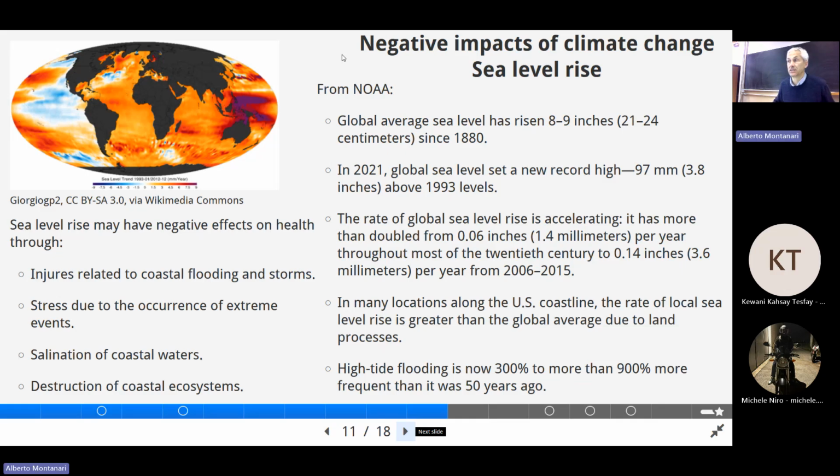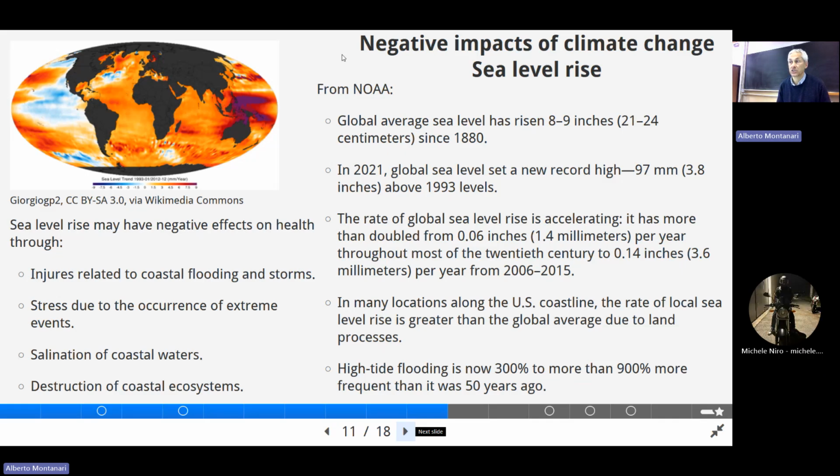So if we look at the past 30 years, it's about 3.8 inches, which means about 10 centimeters above the 1993 levels. But actually, if we look at the overall progress, there is no clear trend, also in the past 30 years. It is accelerating a little bit, but not that much, okay?